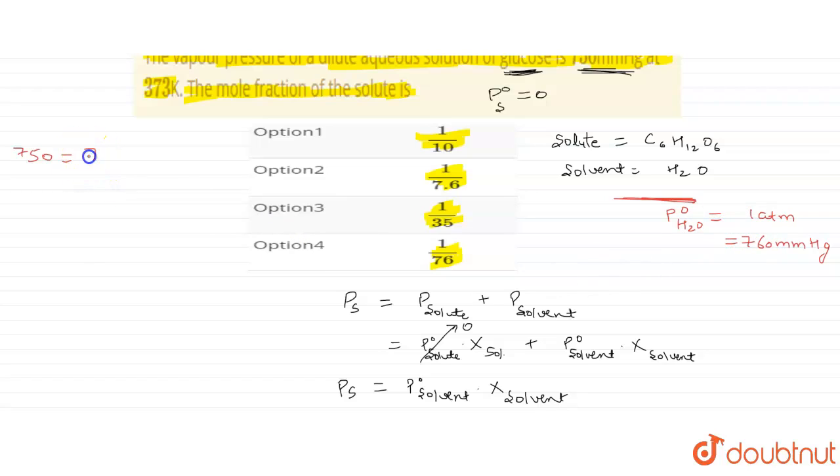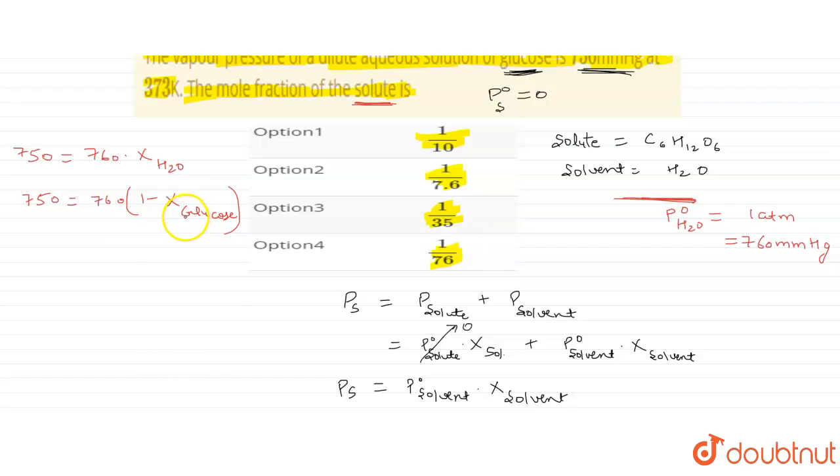So it will be 760 into the mole fraction of H2O. But we need to find the mole fraction of solute, that is, the mole fraction of glucose. So it can be written as 750 equals 760 into 1 minus mole fraction of glucose, or 1 minus mole fraction of solute.